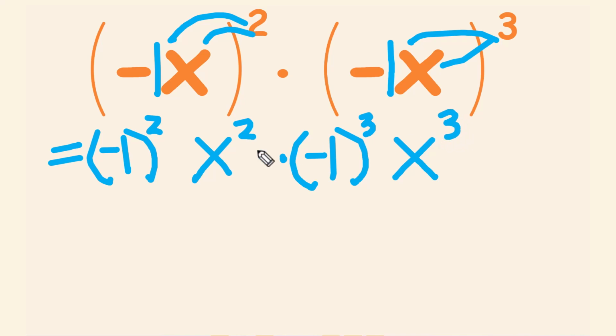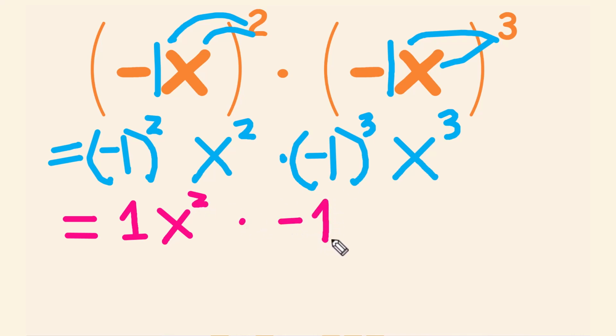Negative 1 times negative 1, that's 2 times, that will be positive. Negative and negative will give positive. And the other one, we have negative 1 times negative 1 times negative 1, that will give us positive, and a negative, that will be negative. So our final answer will be negative x to the 5th power.